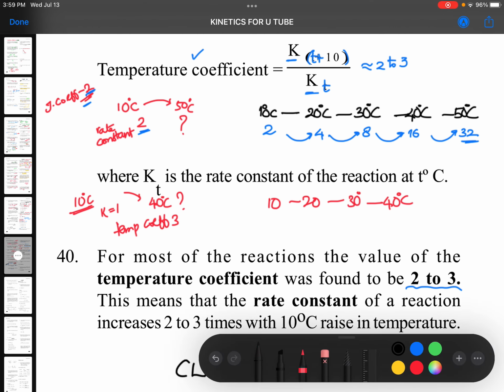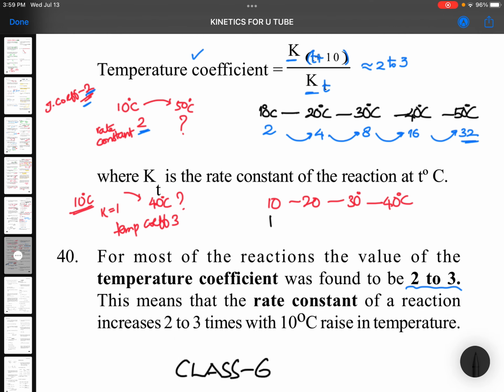It is mentioned that K is equal to 1, it should be tripled, coefficient is 3, so it will become 3. 3 will become 9, 9 will become 27. If at 10 degrees Celsius it is 1, then at 40 degrees Celsius it will be 27.